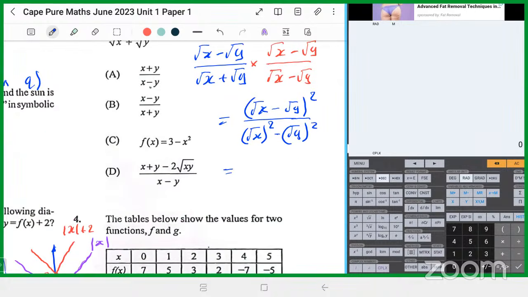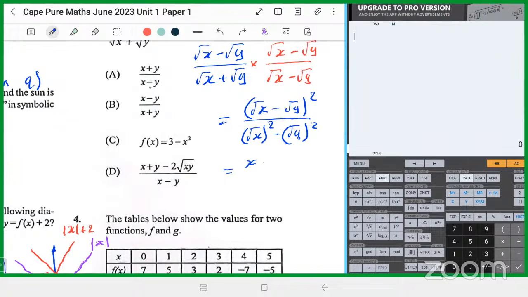But then the numerator expands out into, square this, you're gonna get x. Then twice the product of the 2, you're gonna get minus 2 root x root y. And then the second term squared, plus y, sorry, plus y. When you square this, you're gonna get a y. And dividing that by this square minus that square becomes x minus y.